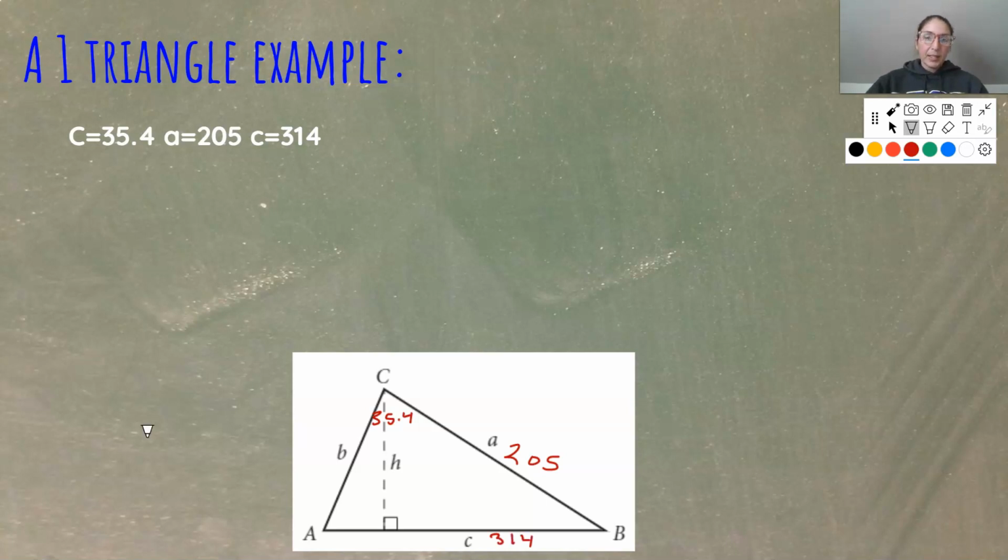Law of sines: little c over sine of big C, sine of 35.4, equals little a over sine of big A. Cross multiply again: 205 times sine of 35.4 is equal to 314 sine of A.